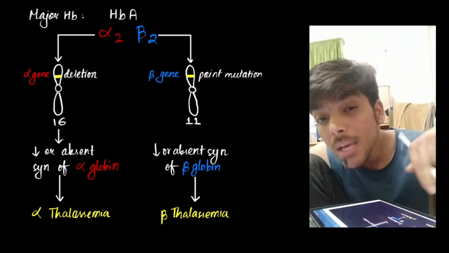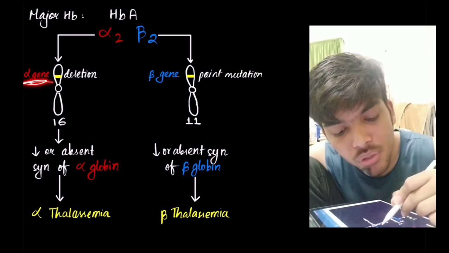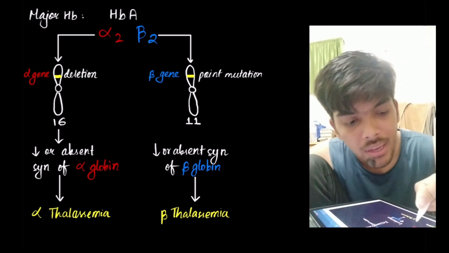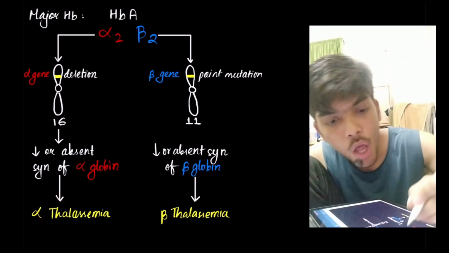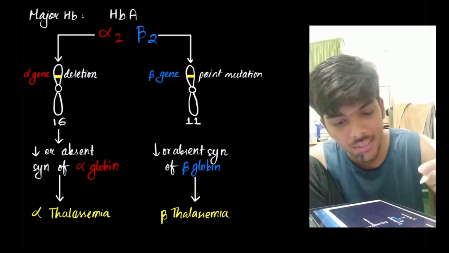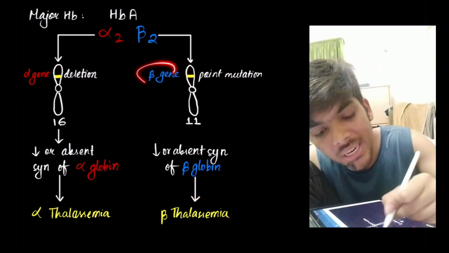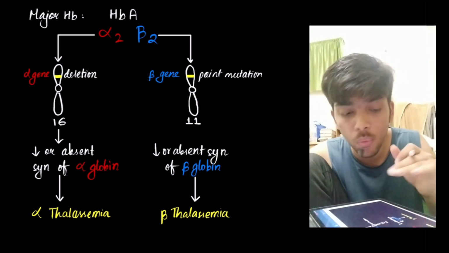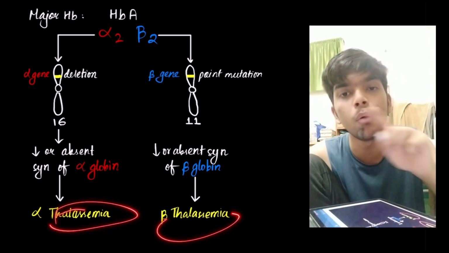Number 2, the type of defect that occurs in these 2 genes leading to alpha and beta thalassemia. In case of alpha thalassemia, the alpha gene gets deleted. In case of beta thalassemia, the beta gene suffers point mutation. Got it? I'll revise it again once I get into alpha and beta thalassemia one by one.